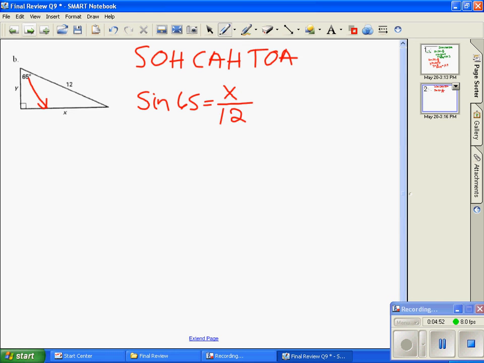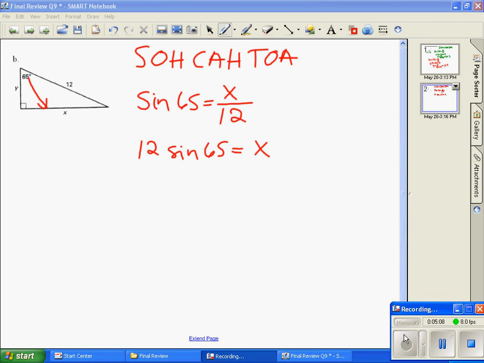Okay, solve for x. So we're going to get 12 sine of 65 equals x. Okay, so this is the time to punch things in the calculator, so let's do that real quick. Okay, so we get that x is about 10.87, so 10.9.